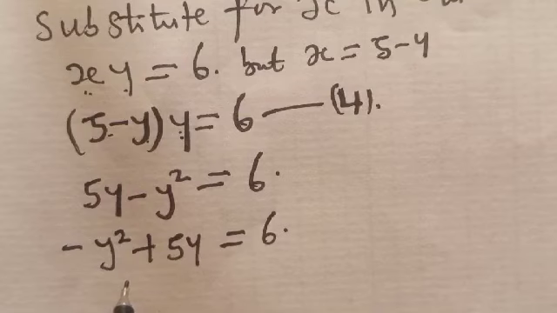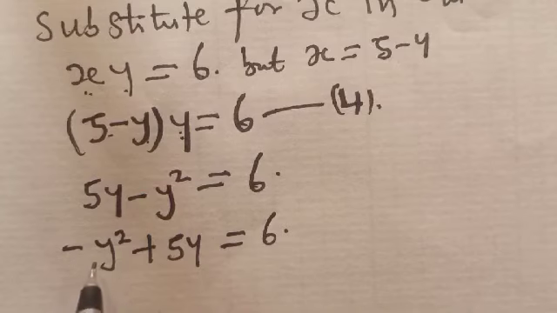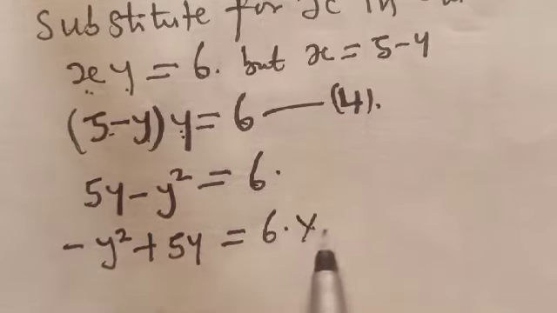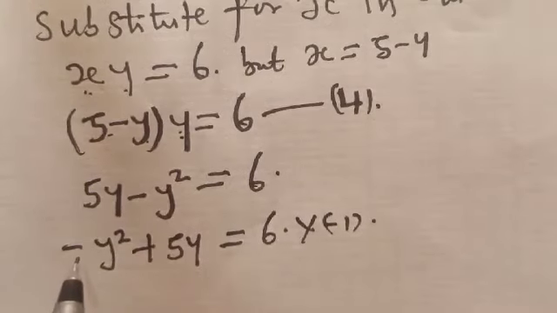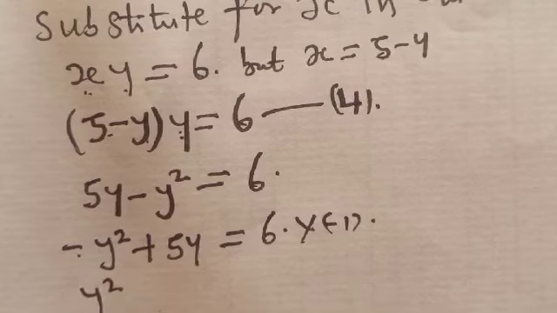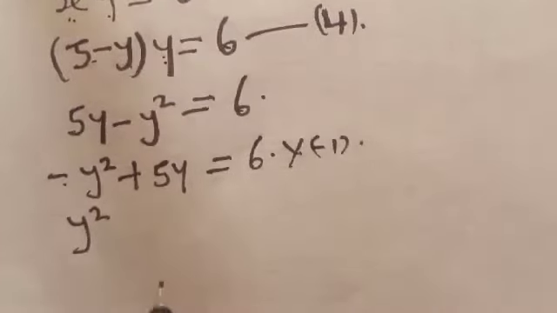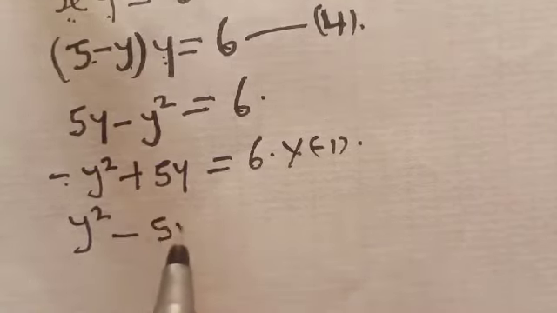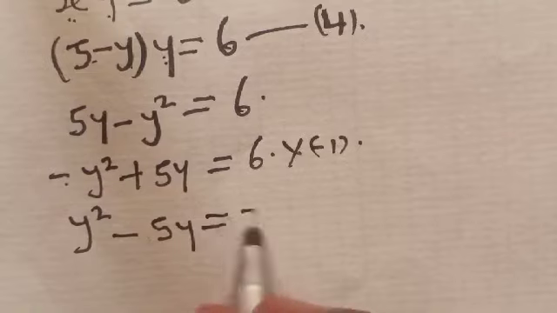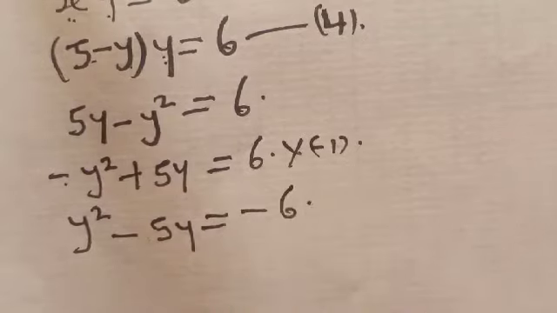Then in order to make it simpler and easier, you can now multiply through by the negative sign, that is, multiply this by minus 1. If minus multiplies minus, it will become plus. We have y squared minus 5y is equal to minus 6.